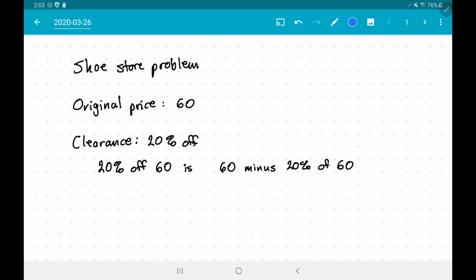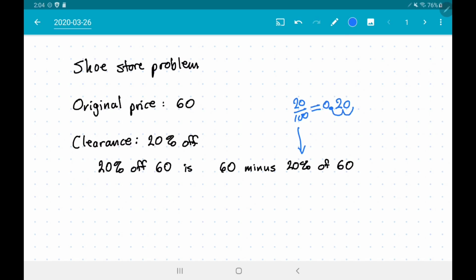So first thing to remember is that a percent indicates a fraction with a denominator of 100. So 20% really means 20 over 100. You can convert the 20 from percent notation to ordinary decimal notation by dividing the 20 by 100. And an easy way to do that is to hop the decimal point 2 notches to the left.